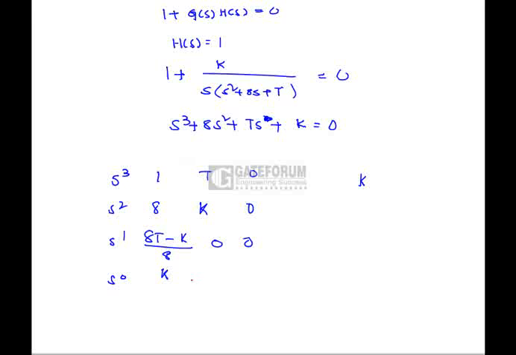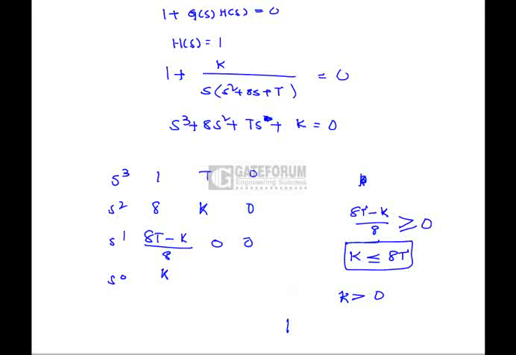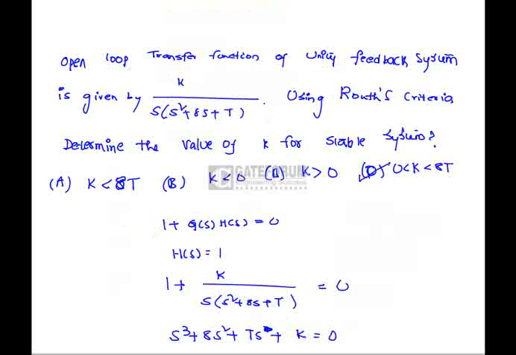That means all the entries must be greater than or equal to 0. So for the stable system, the third row element (8t minus k) by 8 must be greater than or equal to 0, that is k should be less than or equal to 8t. This is one condition for the stability of the system. As well as the fourth row element, that is k must be greater than 0. So k is greater than 0 and less than 8t. This is the condition. Hence option D is correct.